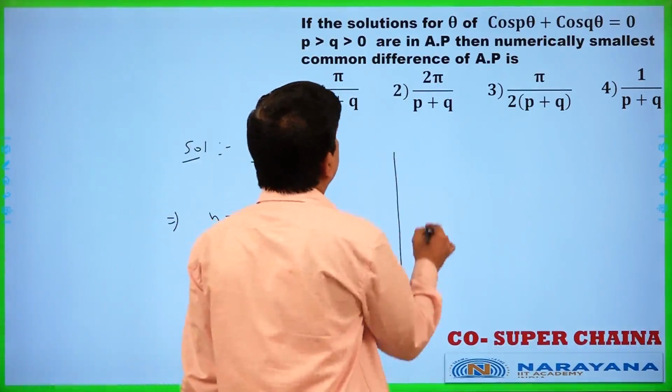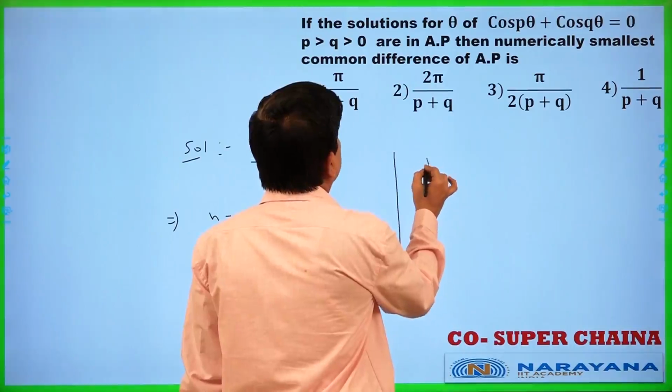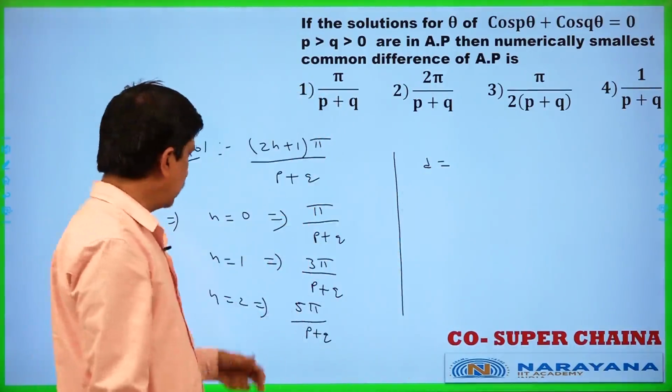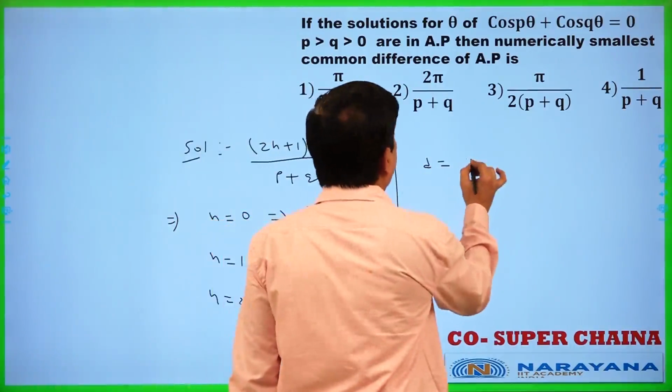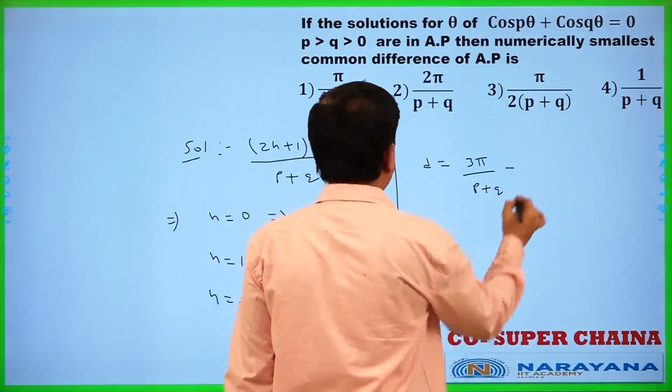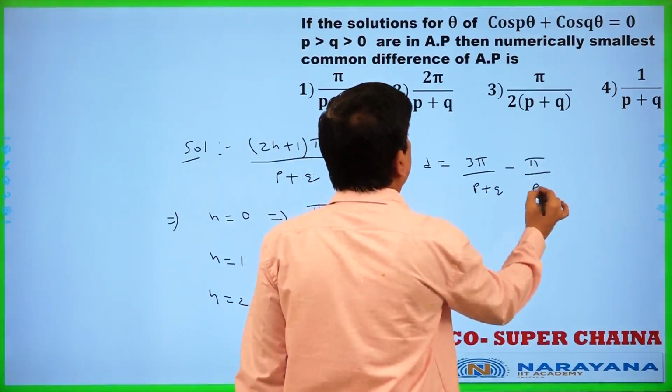The common difference D you can find by picking these two for n equal to 0 and n equal to 1: 3 pi by (p plus q) minus pi by (p plus q).